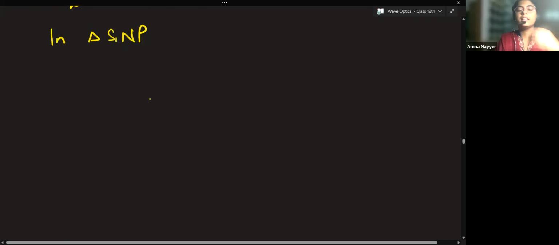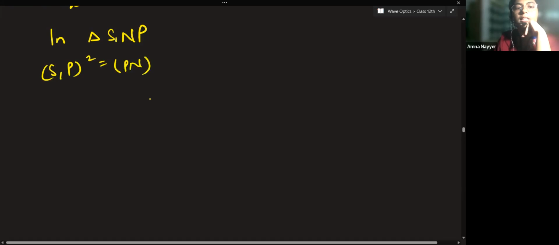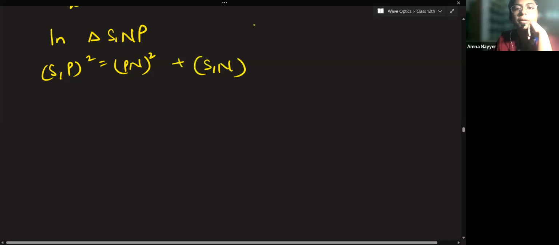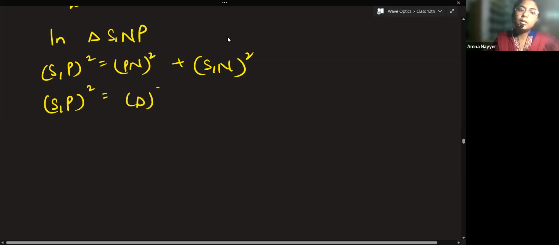In triangle S1NP, the hypotenuse S1P whole square will be equal to perpendicular PN whole square plus base S1N whole square. Keeping everything in the main formula, S1P whole square will be equal to S1N, which is capital D, whole square plus PN, which is Yn minus d by 2, whole square.